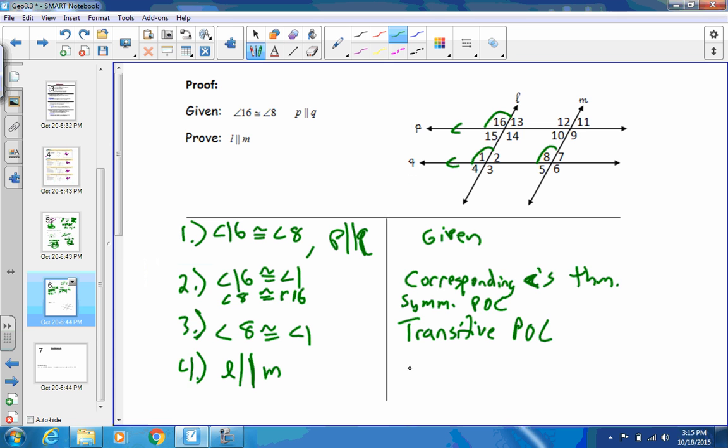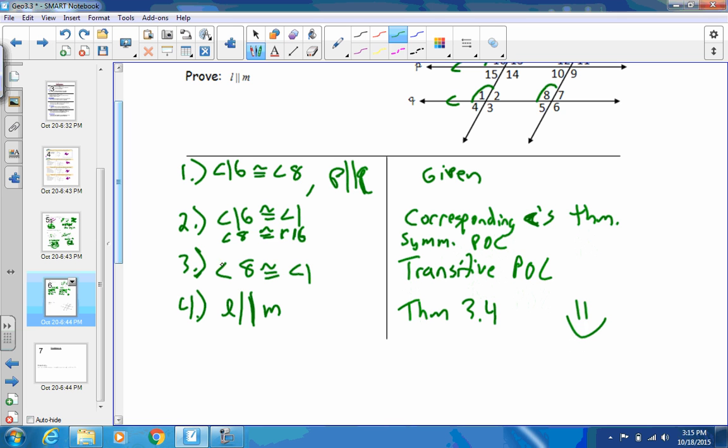It says if corresponding angles are congruent, so 1 and 8 are congruent, we just showed that, then the two lines L and M are parallel. Yay, we proved it in 4 steps. So these are pretty solid proofs. You only need 4 steps, well, really 5 if you add this one right here in there.